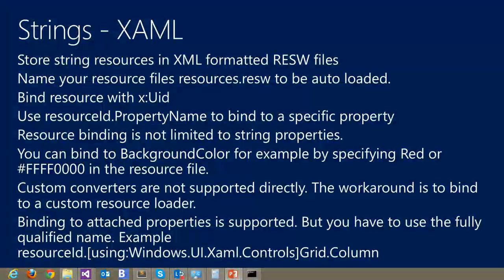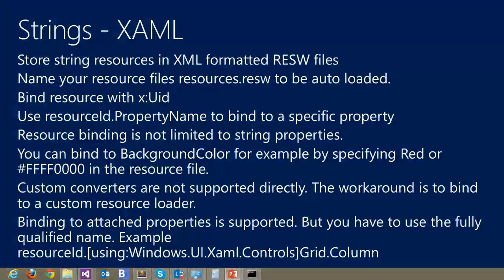So if I need to bind to the text property of a text block, or the content property of a button, I will need to use the resource ID dot content, or the resource ID dot text, or the resource ID dot color, or anything.